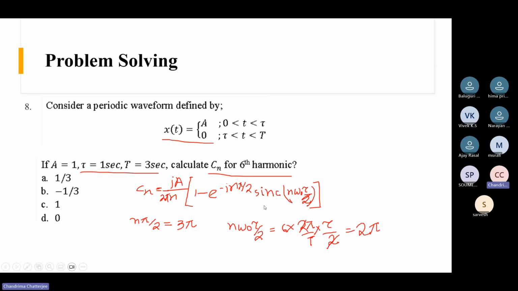Okay. So did you find out what will be the value of Cn? Yeah, but one thing.